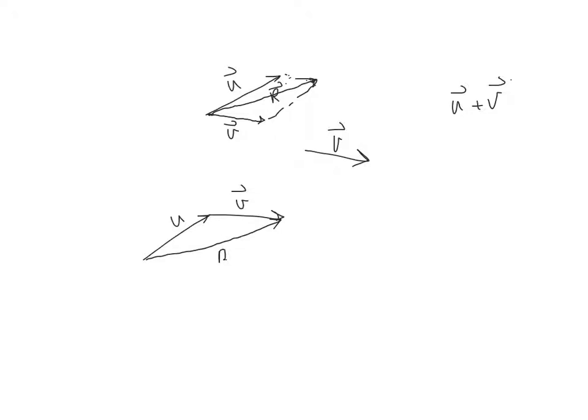This is going to be the resultant. Or attach the tails of both vectors, which is going to be something like this one. This is your v, and then make a parallelogram, and then you draw the diagonal, which is going to be the same resultant as we found before.